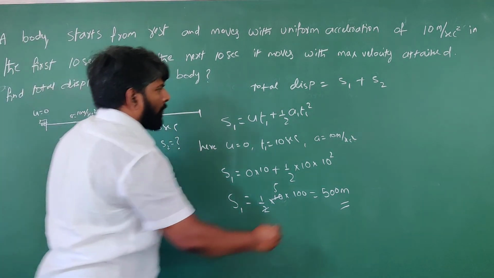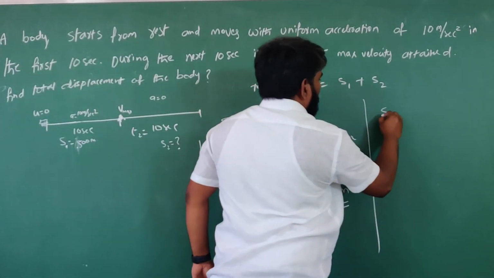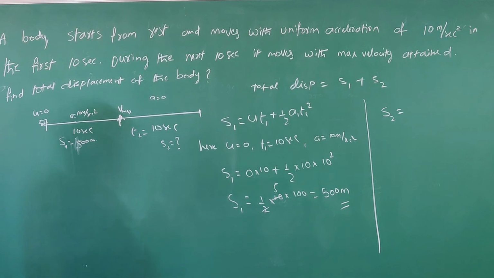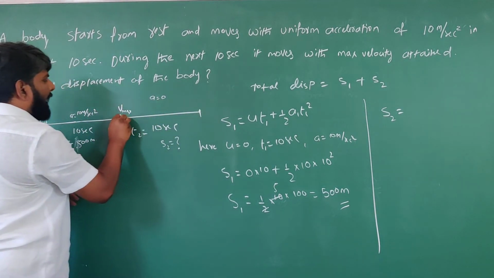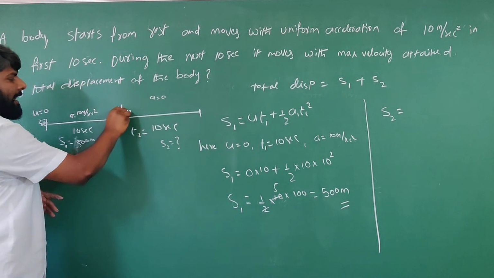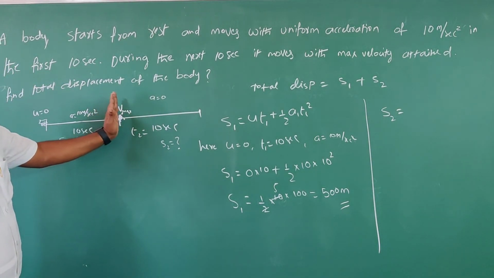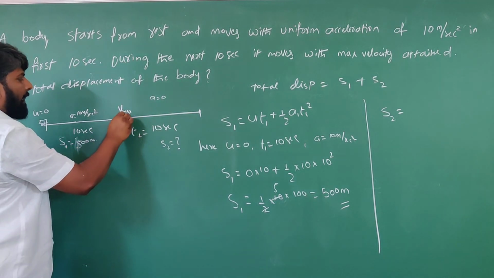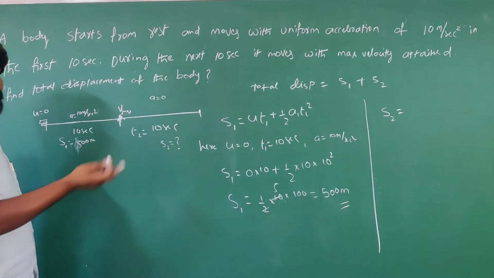Next, the second part. In the second part we want to determine S2. Here, the velocity it attained is going to become the initial velocity. Got it? Exactly how much velocity it attained we don't know.